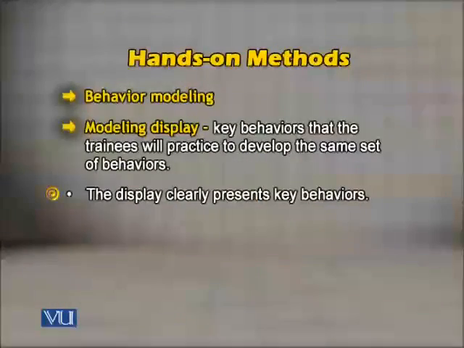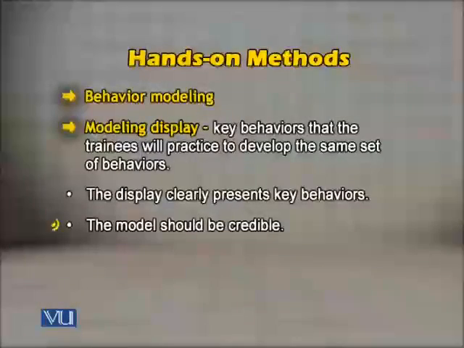There should be certain components of the modeling display which would ensure an effective transfer of learning. One is that the display clearly presents the key behaviors and there aren't any distractions. कि आप जो उनको वीडियो प्रेजेंट कर रहे हैं, अगर उसके अंदर म्यूजिक बहुत जोर से बज रहा है तो वो, और अगर उनको बात ही समझ नहीं आ रही, तो आपकी लर्निंग जो है वो इफेक्ट होगी.